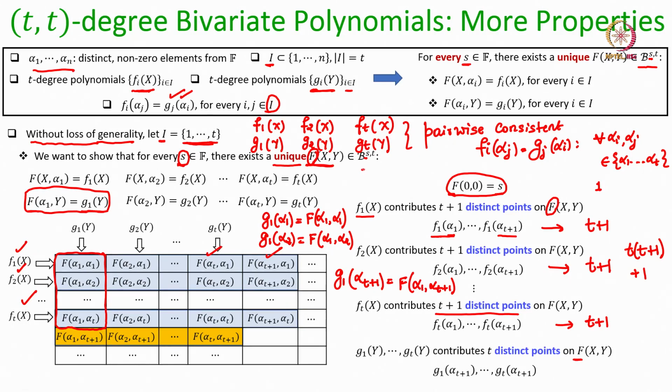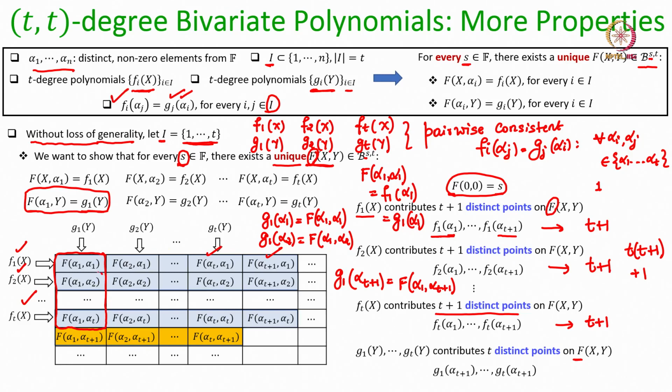That means I have already set the bivariate polynomial at alpha 1 to be whatever the f 1 polynomial evaluates at alpha 1, and f 1 polynomial evaluated at alpha 1 is given to be the g 1 polynomial evaluated at alpha 1, because of this pairwise consistency condition.